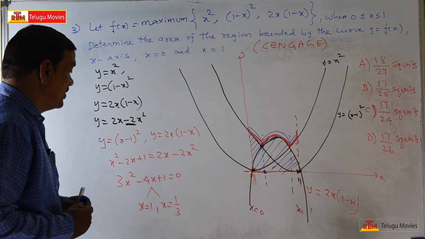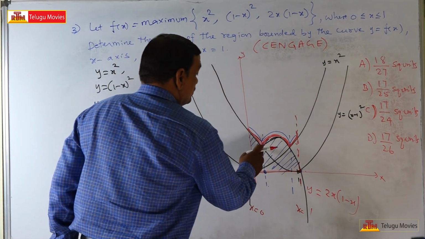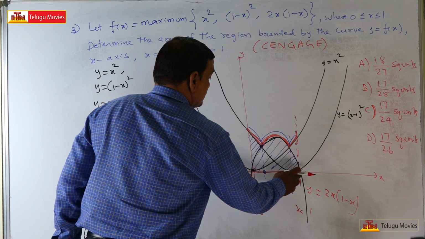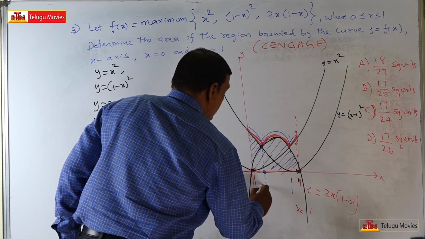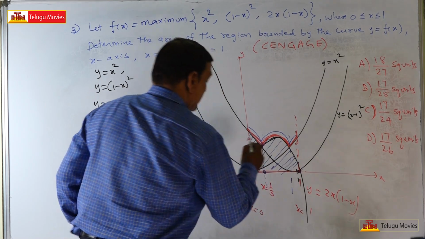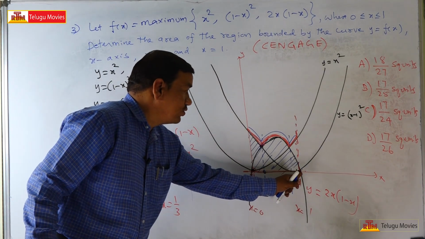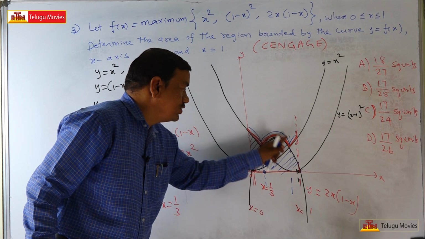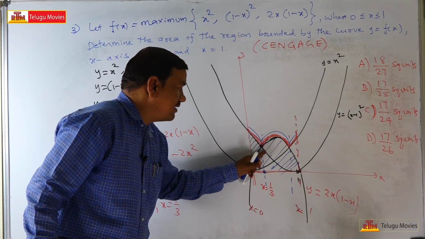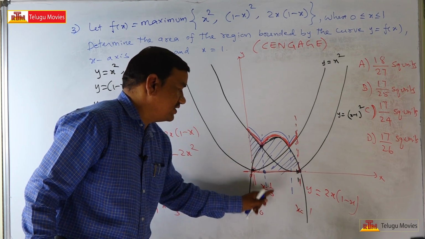This means these two graphs intersect at x is equal to 1 and x is equal to 1 by 3.